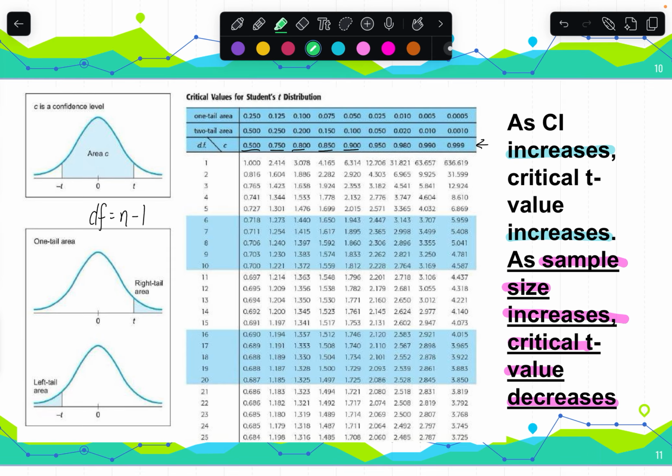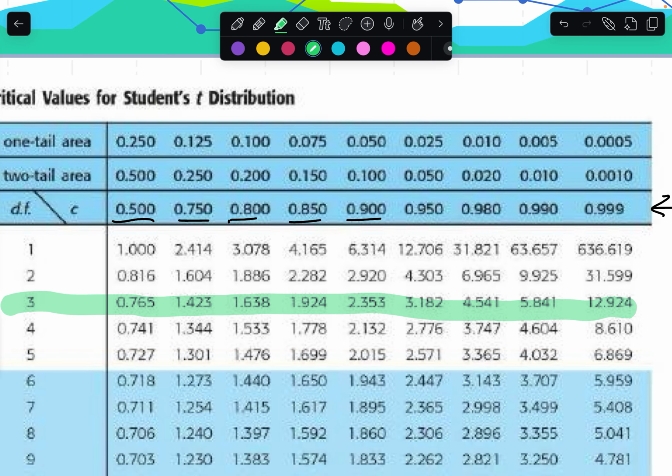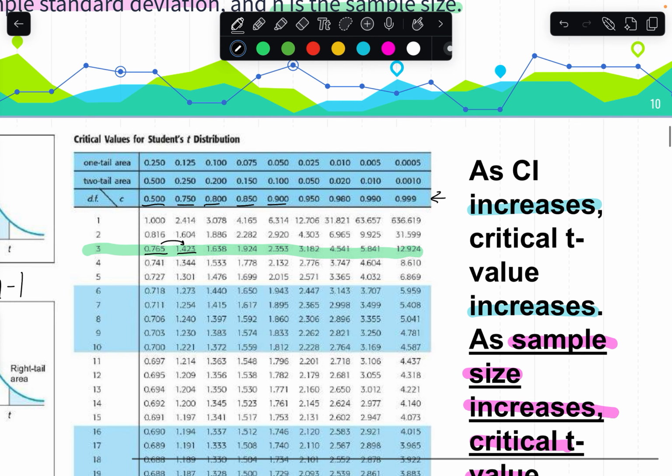So let's look down one row and zoom in on row 3, for example. As we move from a level of confidence of 50%, we have a critical t-value of 0.765, to a 75% confidence interval, we have a 1.423. This number is increasing, showing this trend, as the confidence interval increases, the critical t-value increases as well.